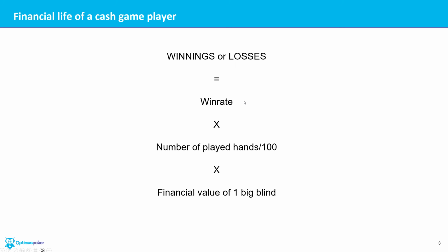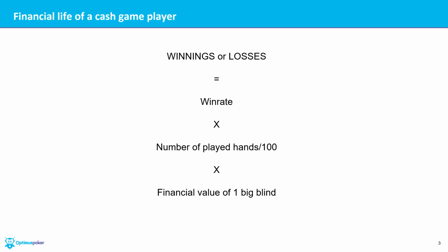So you take your win rate, multiply it by the number of hands that you played divided by 100, and the result you should multiply by the financial value of one big blind. So if you play NL100, one big blind is $1. If you play NL500, one big blind is $5, of course. So this is the theory.